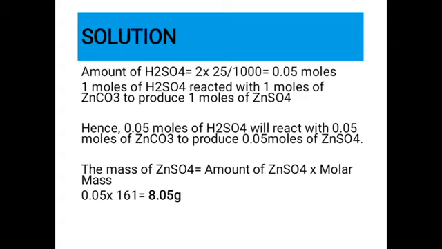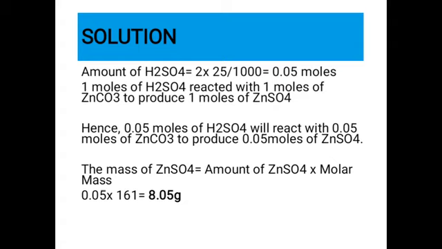Then we do the stoichiometry again by saying 1 mole of H2SO4 reacts with 1 mole of ZnCO3 to produce 1 mole of ZnSO4. Therefore, since they have the same stoichiometric ratio, 0.05 mole of H2SO4 is the same as 0.05 moles of ZnSO4.